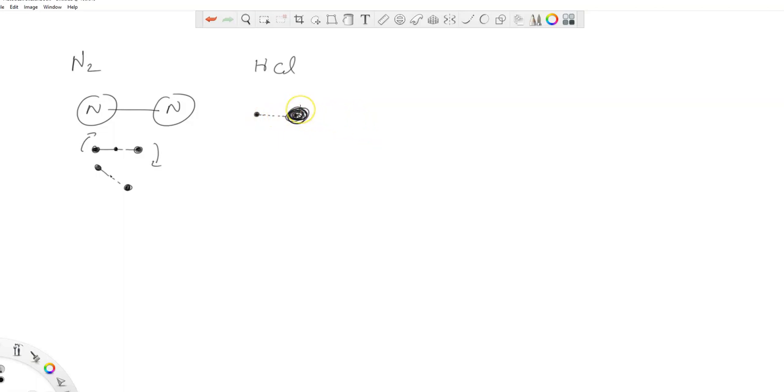Now having 2 different masses, the center of mass becomes closer to the bigger partner, the bigger mass. So the center of mass can be somewhere here, or it could be on the chlorine atom. So if this thing rotates, the rotation will be around this point. So it's kind of a non-symmetric rotation.